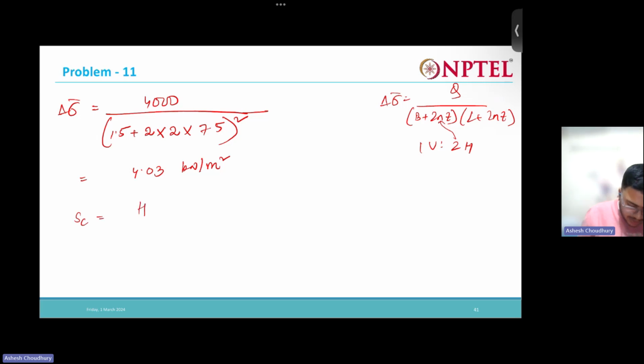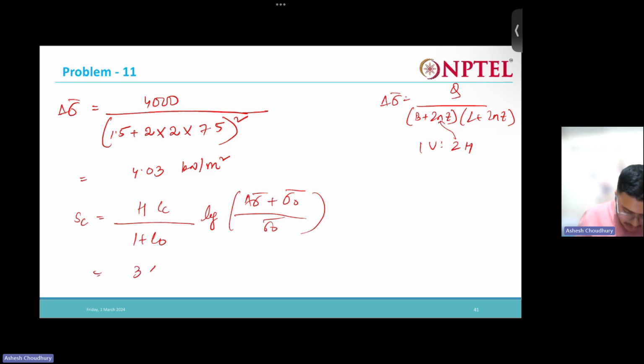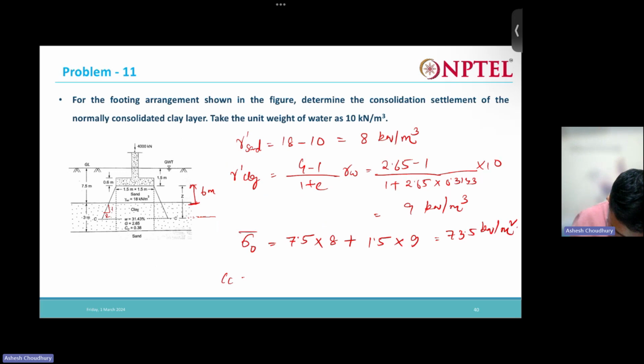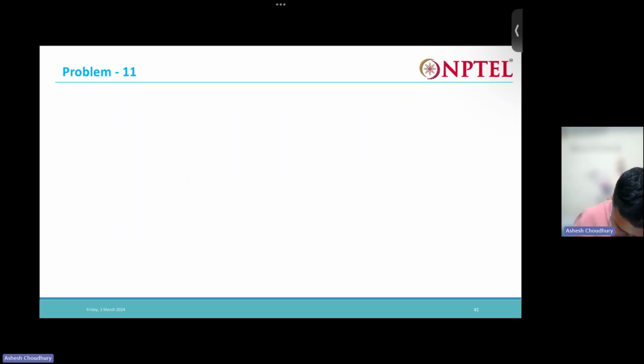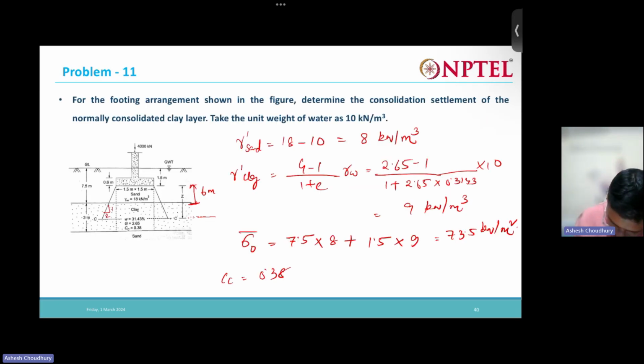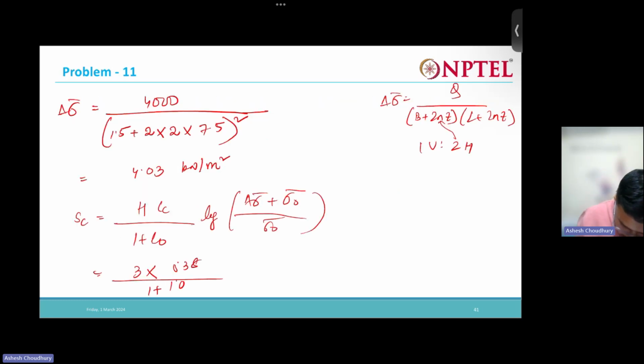So now again as usual, H is 3, Cc. How to find Cc? Again you have to calculate. Cc is 0.38, actually it's directly given. Then 1 plus e naught, where e naught is 2.65 into 0.3143, this will be 1.05, times log of (73.5 plus 4.03) by 73.5.